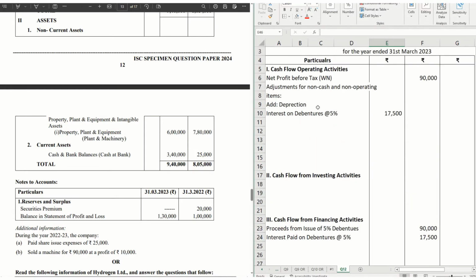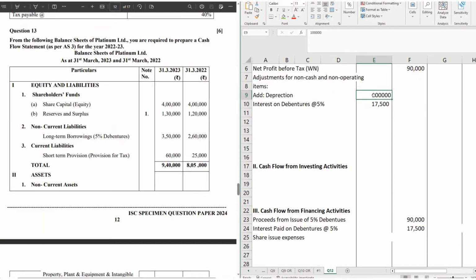So let's come here and put the figure 1 lakh. After writing the depreciation amount, next we will subtract the profit on sale of machinery, which is 10,000. Profit on sale of machinery that we have will be a negative figure of 10,000 that we just now calculated down there.